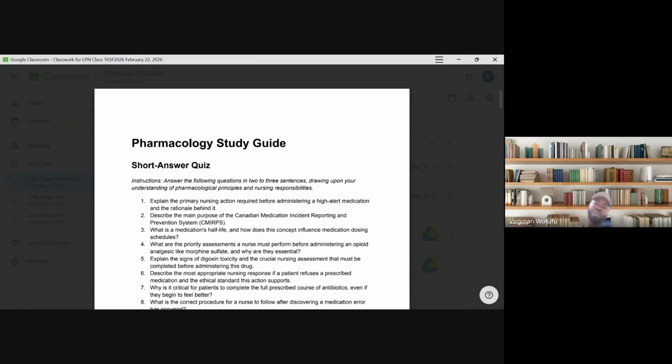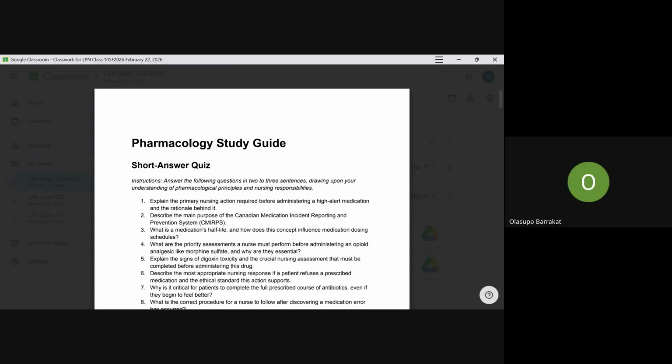Another nurse independently should re-verify it before administration, to prevent any medication error. Remember, high alert medications are medications which we are trying as much as we can not to have an error, because any error with it is very, very fatal. Okay? Are we okay on that?